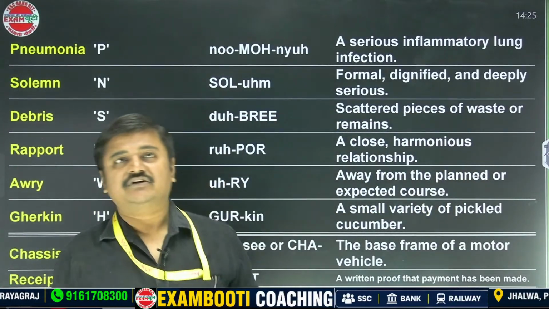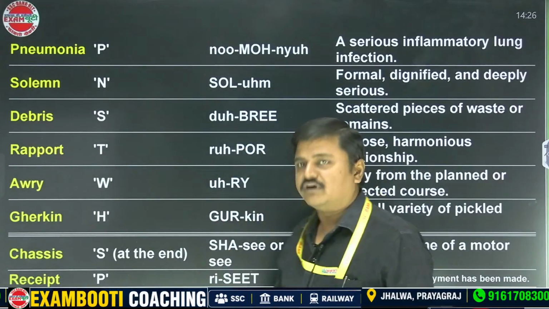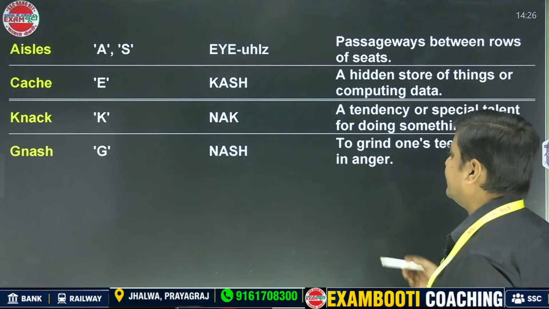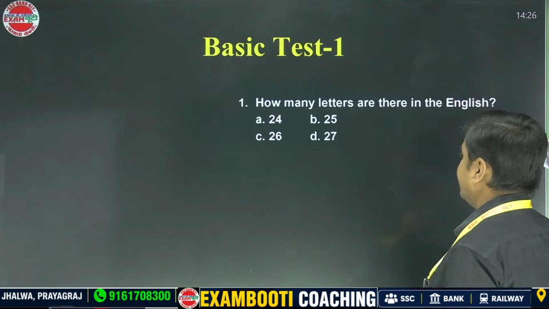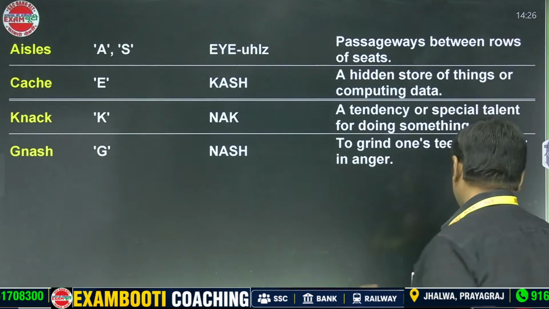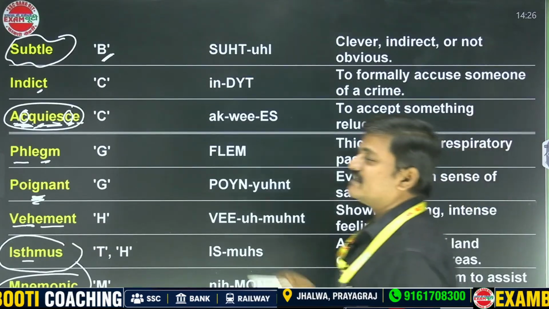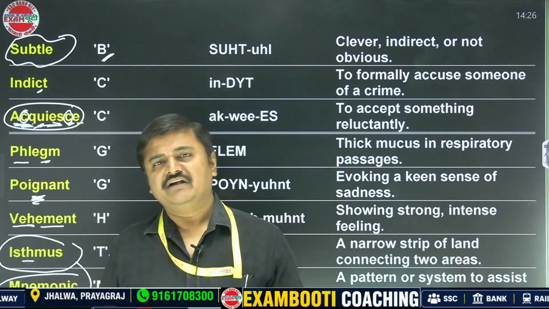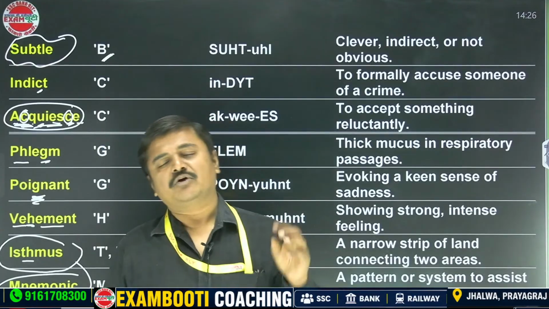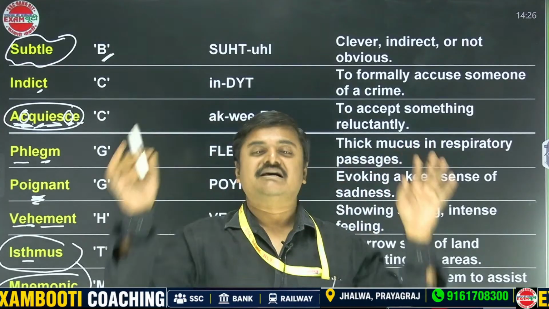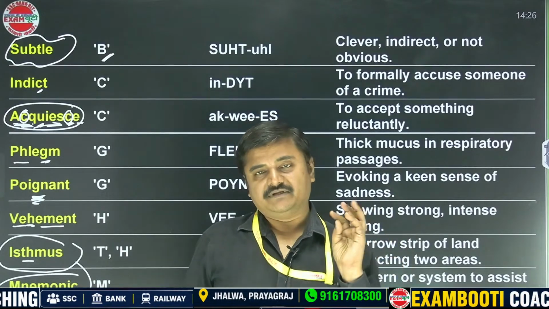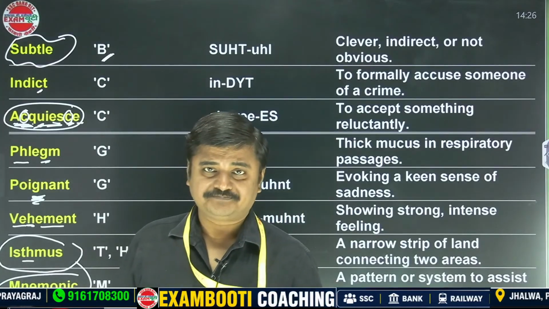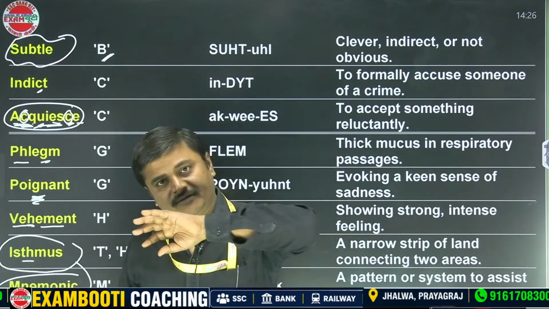So these are the words, and there are some more words we will discuss tomorrow, and then we will come to the exercise. Today we discuss these words, and tomorrow we will discuss and do some practice, because we have just 3 or 4 classes left on letter, sound, alphabet, and silent letters.